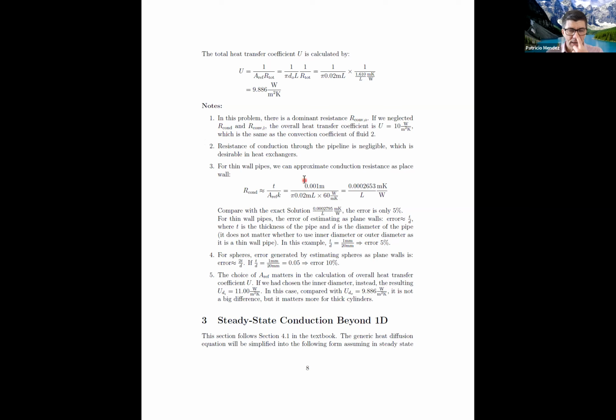When we have a cylinder that has a thin wall, it gets to a point that if the wall is thin enough, you might as well assume that very thin wall is just like a plain wall, right? The same way we know that the earth is round, but you believe your table is flat. So we think it's flat just because it has a very small change of angle, right?